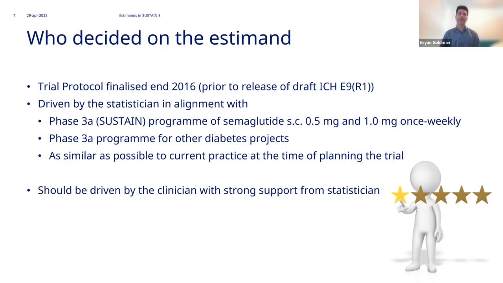The process was very much driven by the statistician, and it was done in alignment with previous trials in the same clinical program, as well as previous trials in other diabetes projects. So it was very much about aligning to what we had previously done and aligning as much as possible to current practice at the time that the trial was planned.